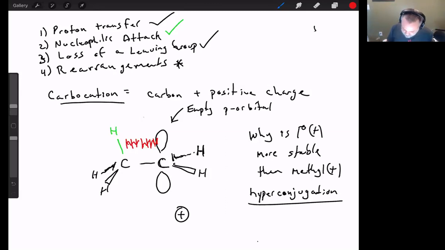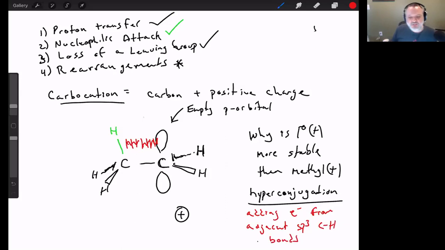So hyperconjugation is adding electron density from adjacent sp3 carbon-hydrogen bonds. That's what hyperconjugation is.